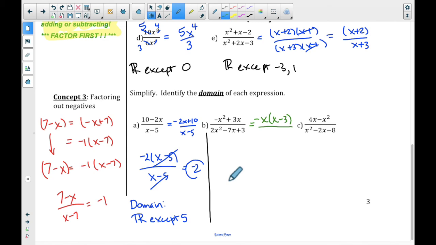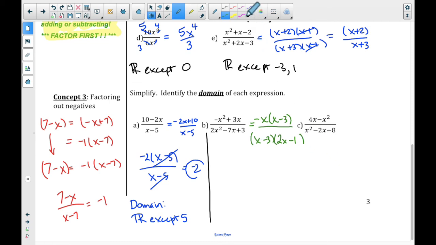I could do synthetic division, but I don't really feel like it. I just want to do factoring. So I'm going to see, is x minus 3 a factor? I'm going to do a little bit of guess and check. I'm going to try x minus 3 because that one would match. I must need a 2x here, right? Because there's no other way to get to 2x squared. And this is a minus 3, and I want a plus 3, so maybe a minus 1 would go back here.